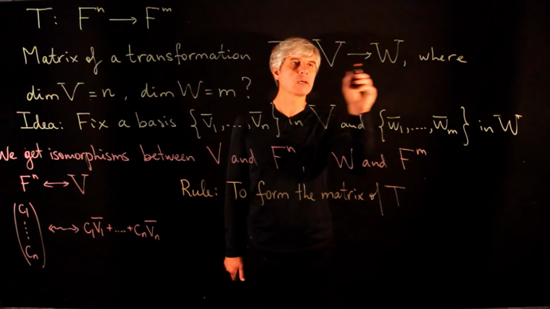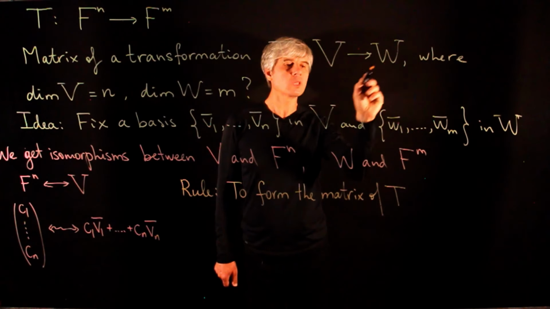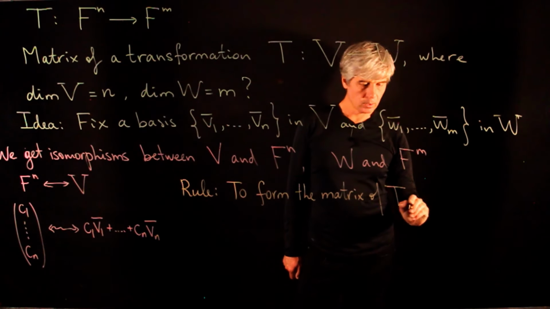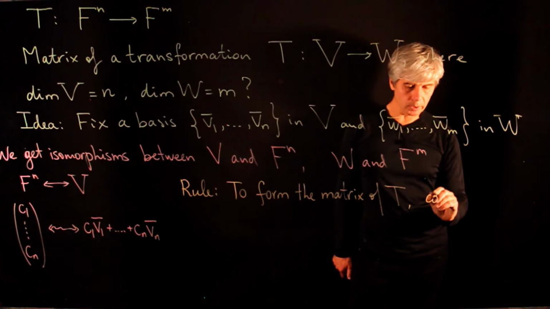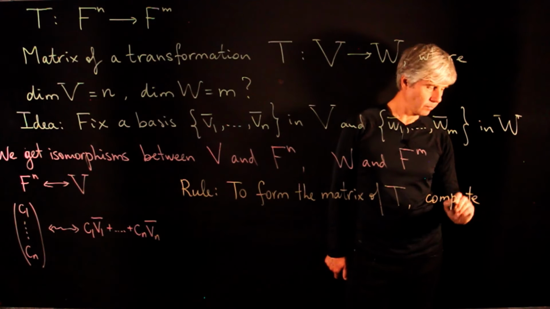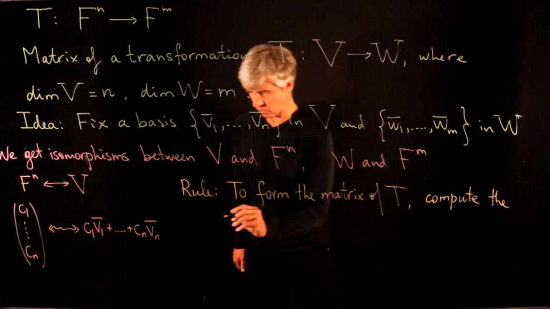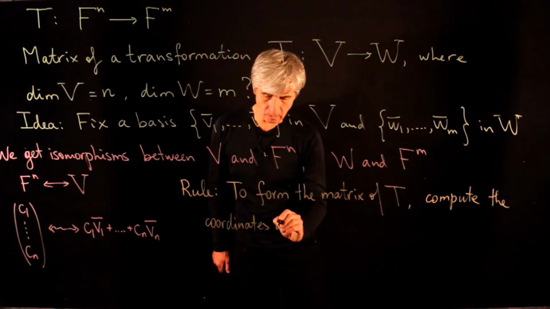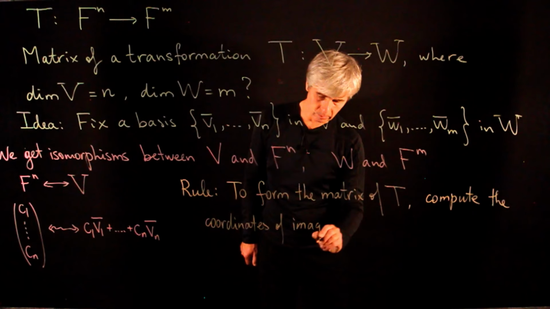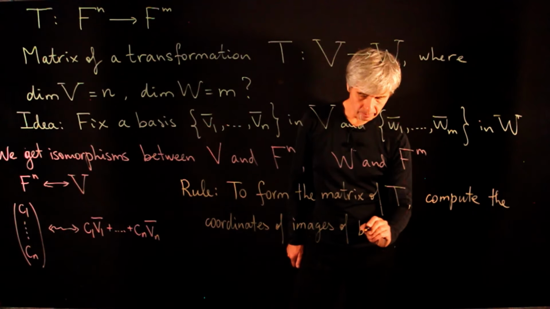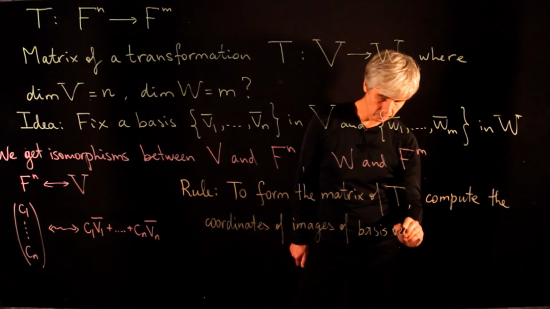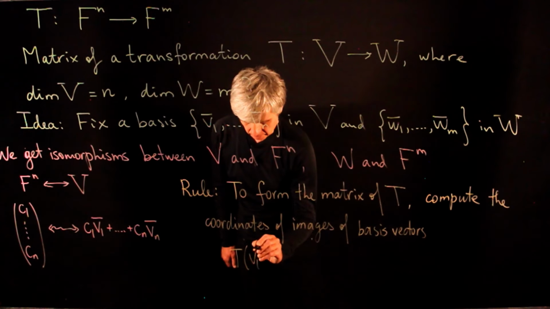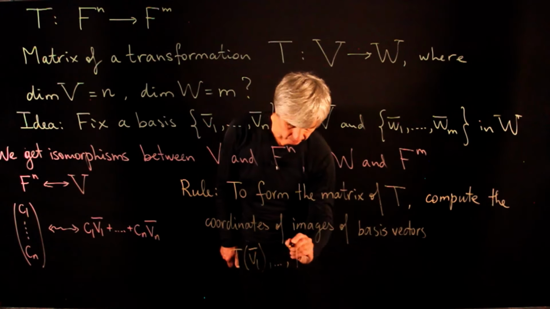If we have a linear transformation from V to W, where we fix the bases in V and in W, we compute the coordinates of images of basis vectors. This means that we want to compute T of V1 up to T of Vn.